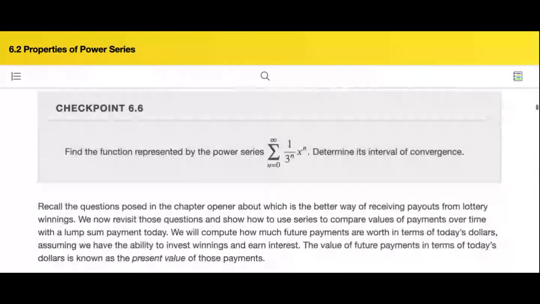Okay, let's see this one. Let's all try this one. Find the function representing this series and find its interval of convergence.